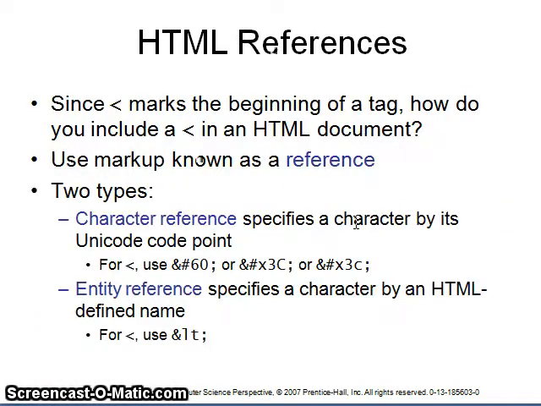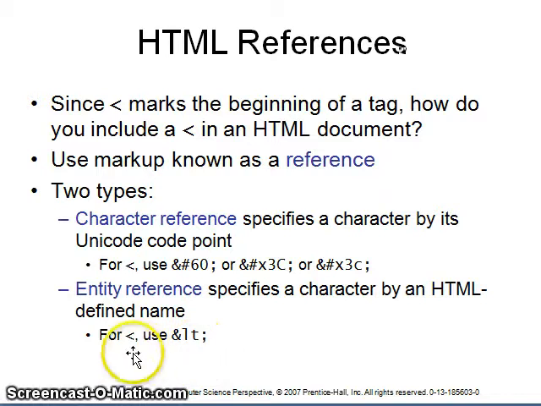Another one is HTML references. Suppose we want to display an angular bracket; we can't display it directly. Instead, we go for two types: one is the character reference, and another is the entity reference. Suppose we want to display less than, as it would be the start of a tag, we can represent it as ampersand lt semicolon. Here lt is a mnemonic which stands for less than.